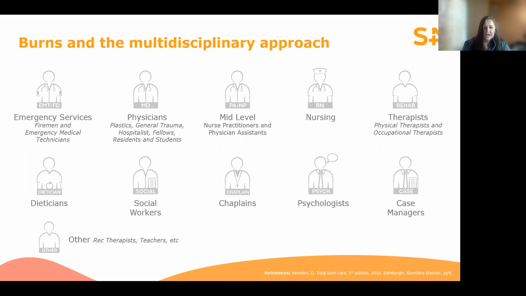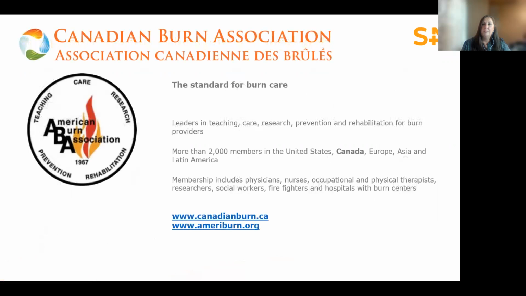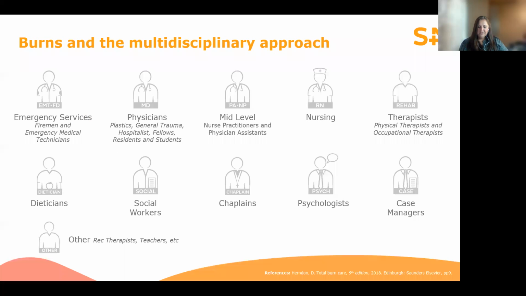Social workers, chaplains, and psychologists are there for ongoing support. They stay with the patients and the families even after discharge and help them integrate back into society. The case managers are there to help them get to the right place for ongoing care and for where they're going to be. So all of these are vital to the success of treatment and patient care.